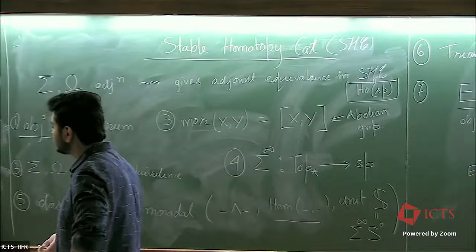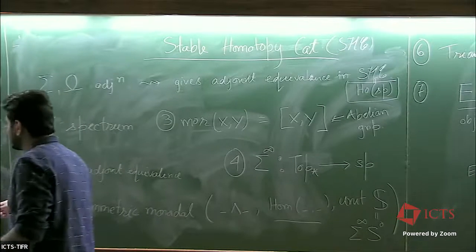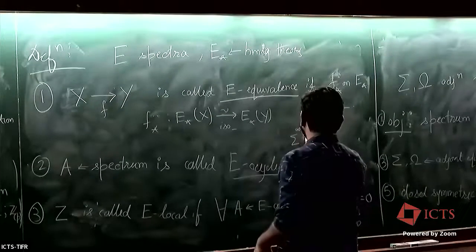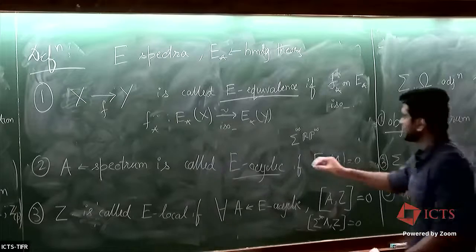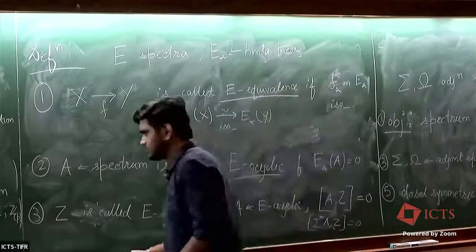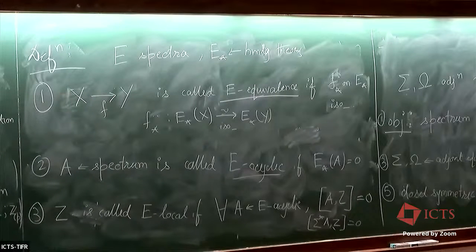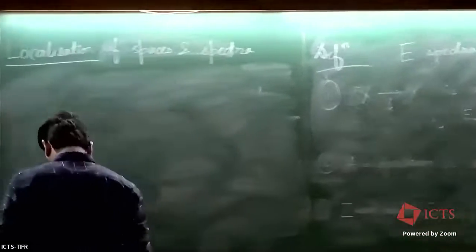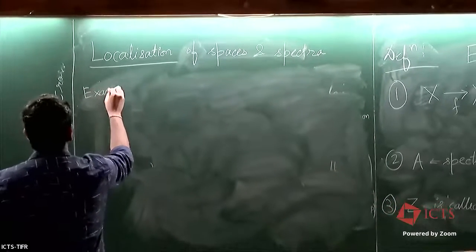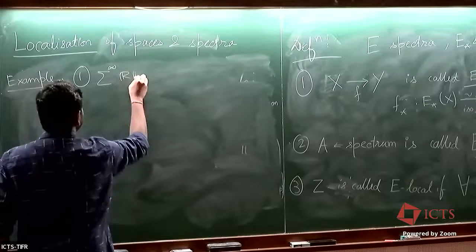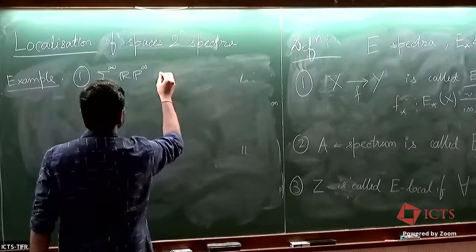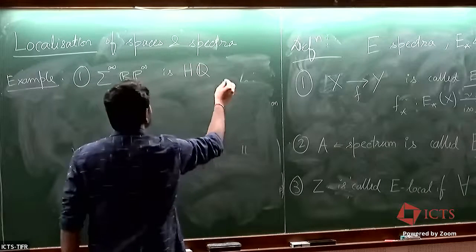A few examples of E acyclic objects: if I take the suspension spectrum of RP infinity, that is going to be HQ acyclic.